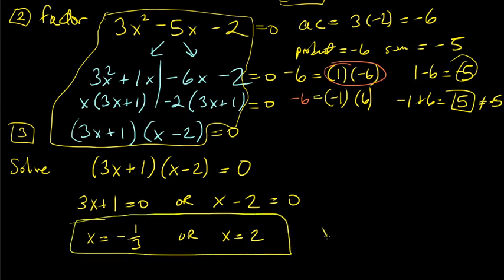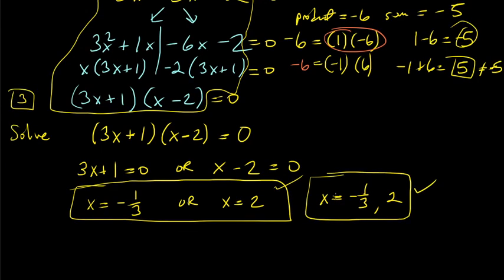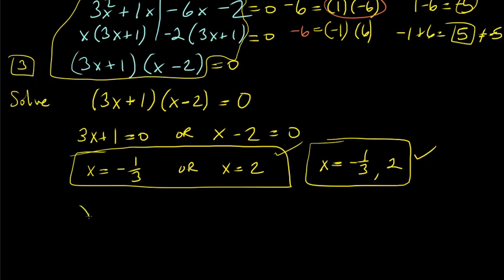Right? And again, I don't think I mentioned this, but on Connect Math, you probably put in the -1/3 and the 2 separately and just use a comma to separate the two solutions. I'm not picky about that, right? So you can write it this way, you can write it this way. In other words, you can write the two solutions separately as x equals -1/3 and x equals +2.